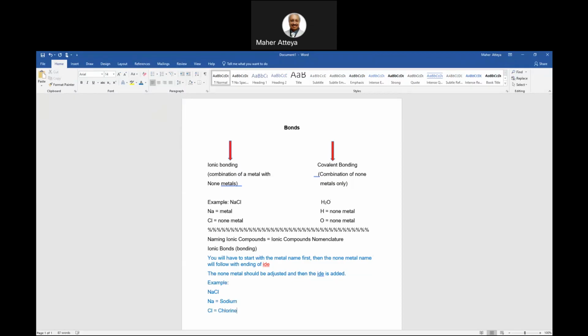So here's the adjustment we'll have to do. Sodium will not need any adjustment. No adjustment. Use the name of the metal as is. Correct? So that's one.